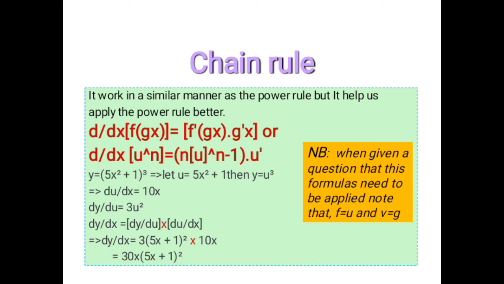When you differentiate it, what you have will be equal to f prime of g of x times g prime of x. Why g prime of x? Because when we differentiate f first, we follow by differentiating what was inside.